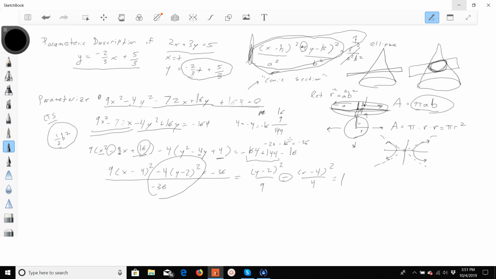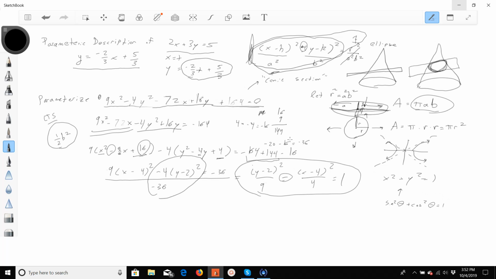Now, okay, we're left with this now. In our previous example, where we had x squared plus y squared is equal to 1, it made sense to use the identity sine squared theta plus cosine squared theta is equal to 1.